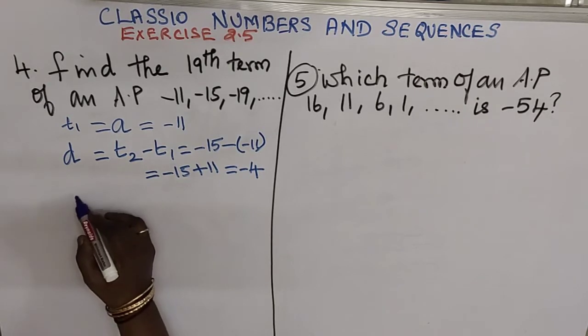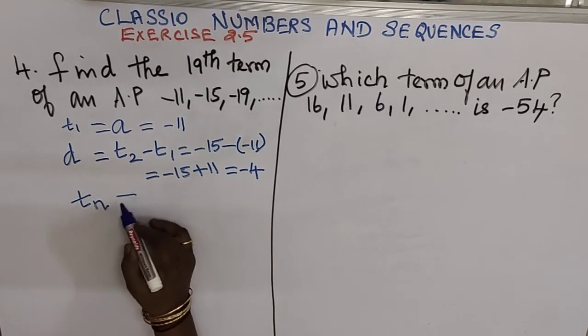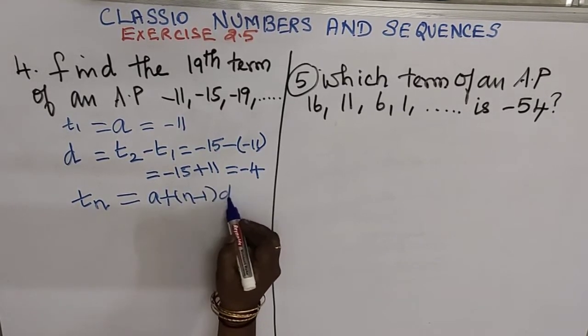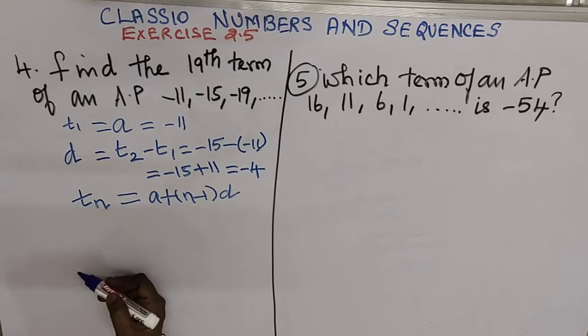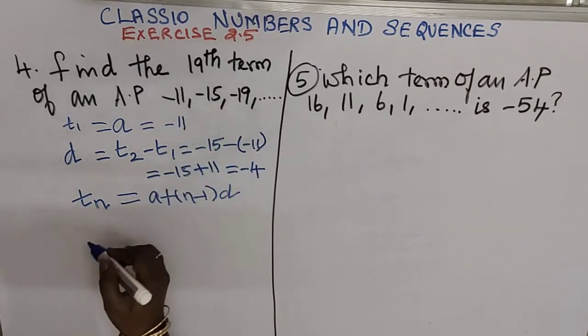Now we know the general form of an nth term is a plus n minus 1 into d. Here they have asked us to find the 19th term.